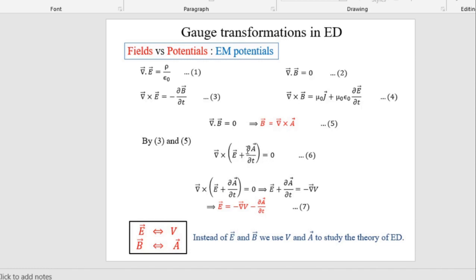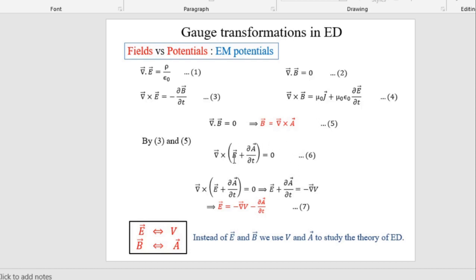Because of that, this vector quantity E plus del A del t we can express as the gradient of a scalar quantity. So we write E plus del A del t is equal to negative gradient of some scalar quantity represented by V, which is our scalar potential, or electric potential.